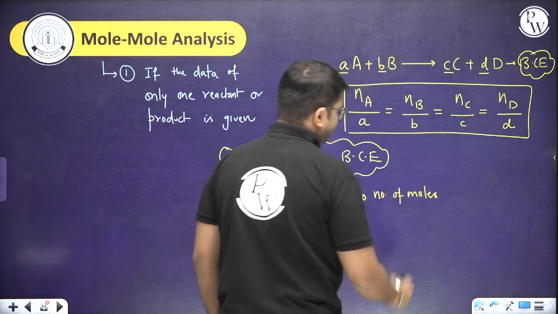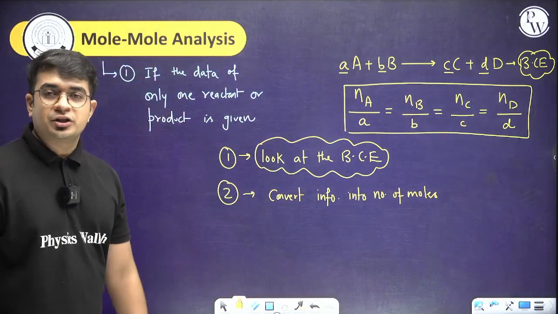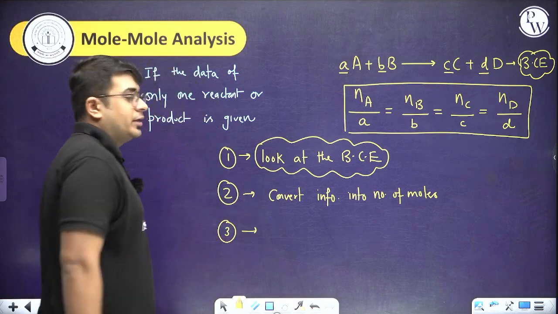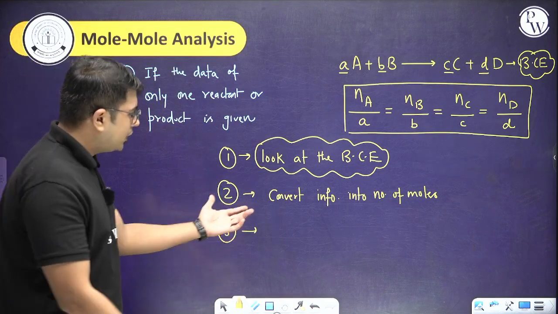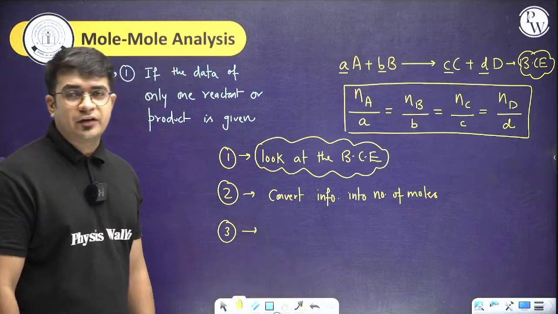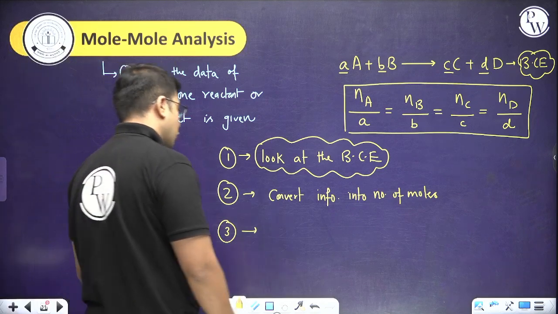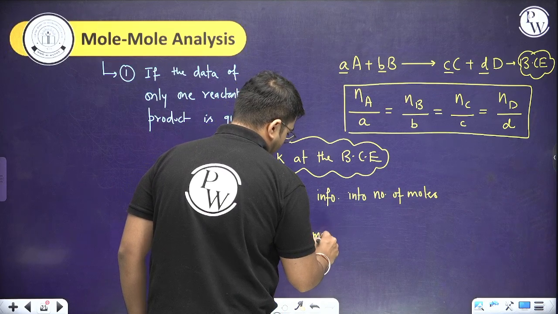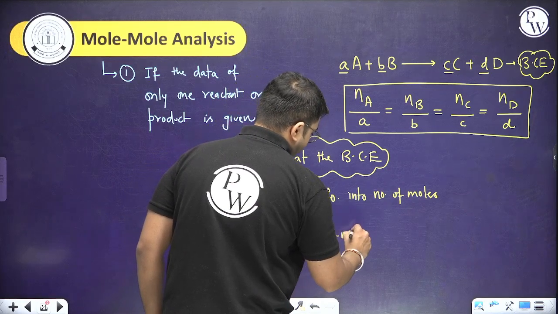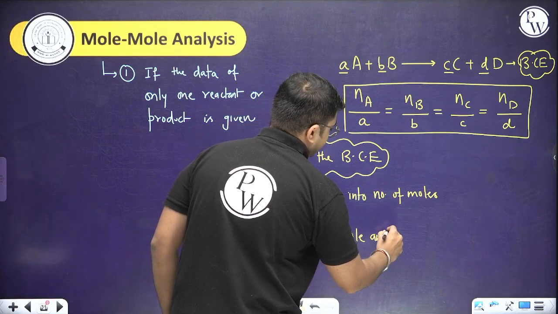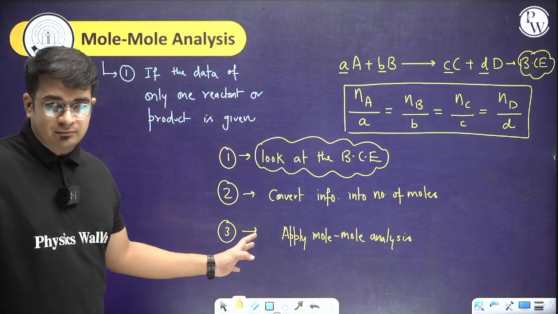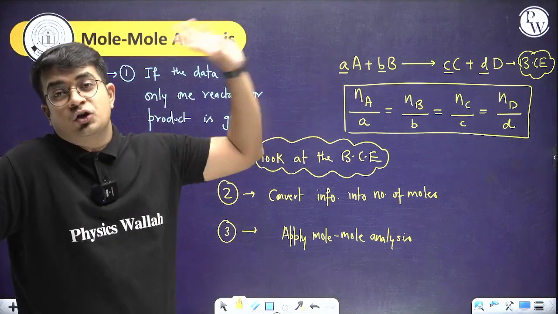Third part, what can we do? Very easy. If we have converted the entire information into number of moles, apply mole analysis. But this application is not clear till now because we have everything unknown to us.